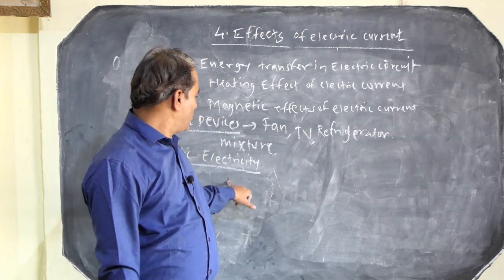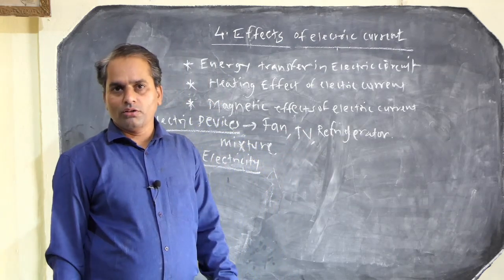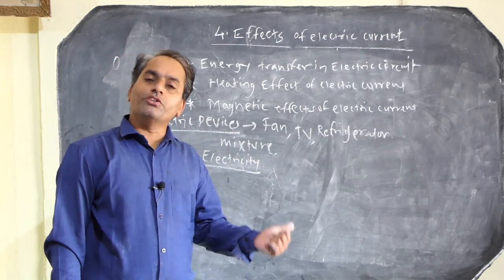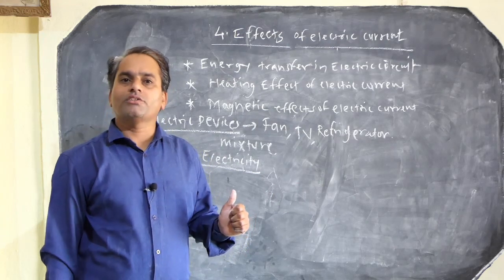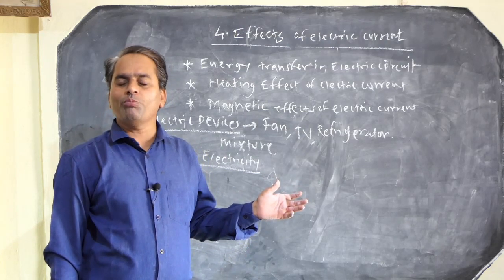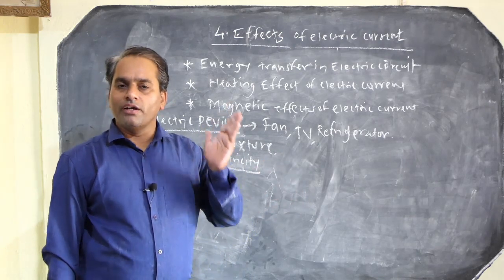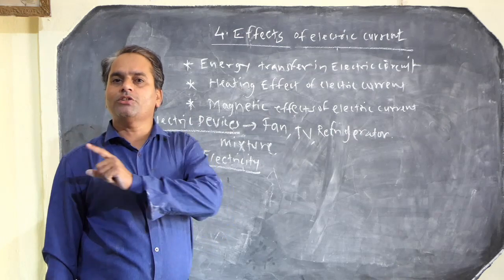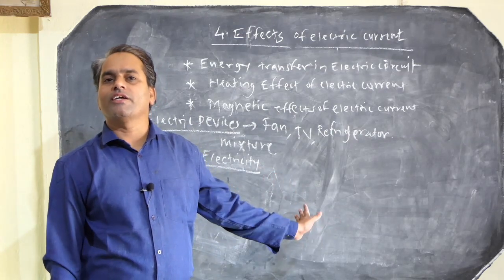Or it is the electricity produced due to stable charge. That is also called static electricity, or in short, electrostatics. Electro means electrical charge, static means temporary. So electrical charge which is present temporarily is static electricity.